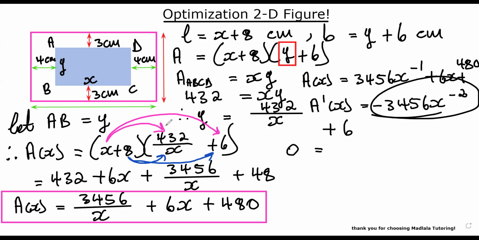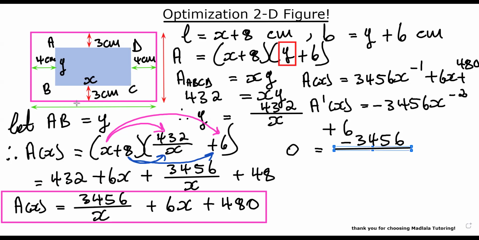And then writing this in positive exponential form, it's just going to be negative 3456 over x squared, and then you say plus 6. And then you take this one to the left-hand side. It becomes positive.